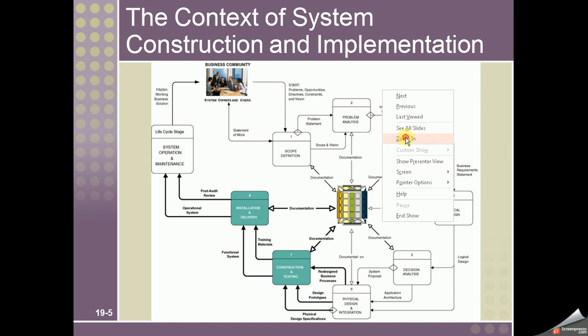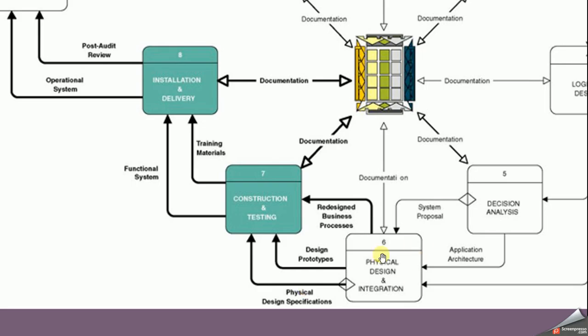So now, once the physical design is complete, we will have the physical design specification. This is the main output of this phase. We may have any design prototypes, and we may have any redesigned business processes, plus the documentation that is generated during this phase, right?